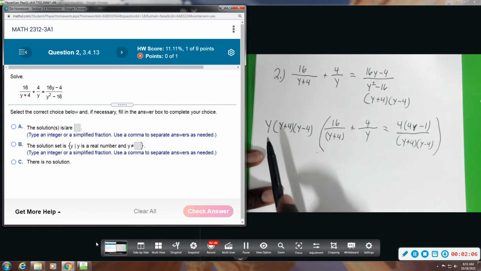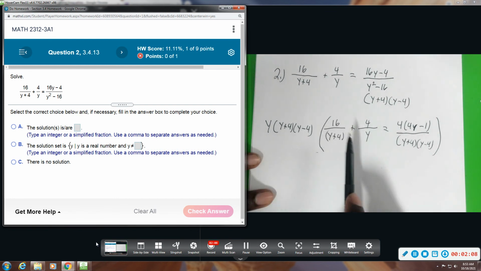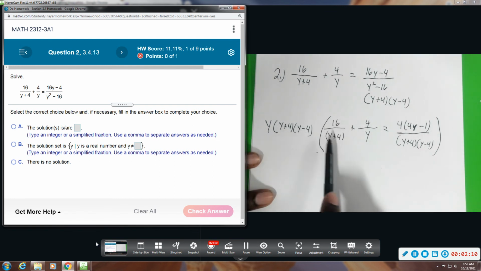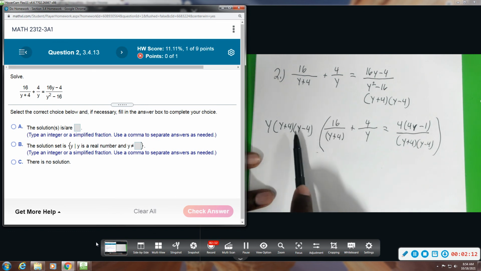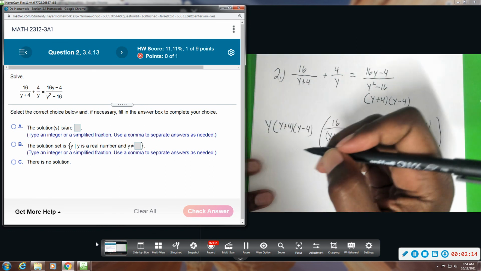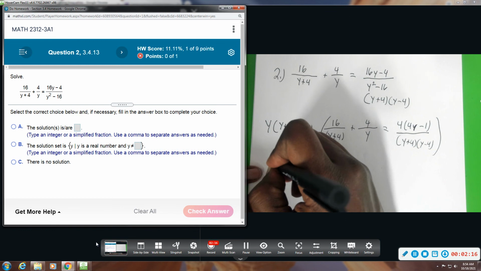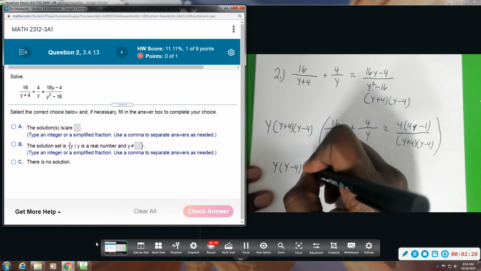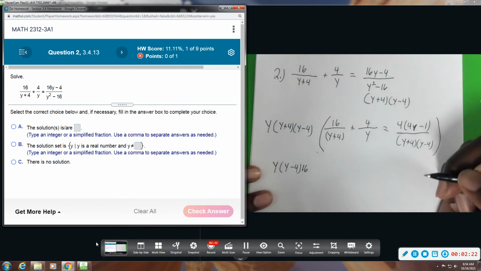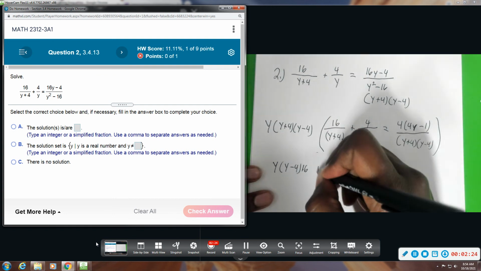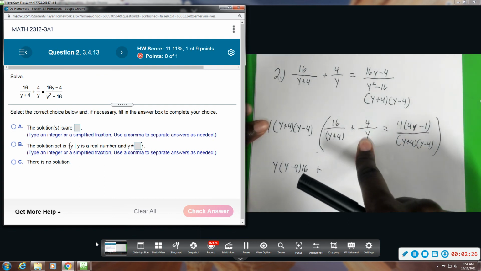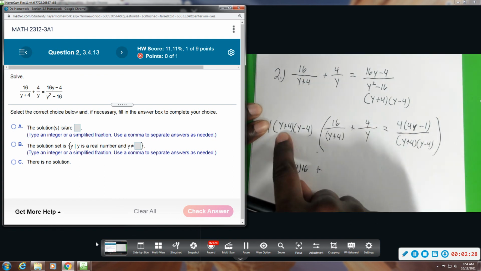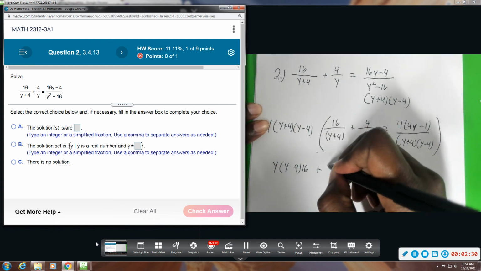Okay, so multiplying least common denominator times this term, the y plus 4 will cancel. I'll be left with y minus 4, and 16. So we'll have y times y minus 4 times 16. And then plus, the y will just cancel out, so I have 4 times y plus 4, y minus 4.